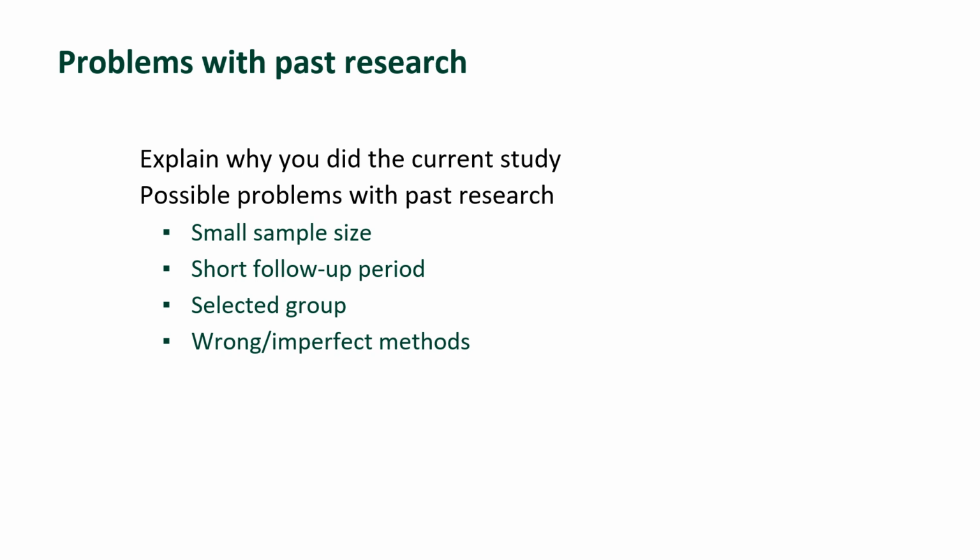So possible problems with the past research could include a small sample size, for example. If someone has done a study already, and that study was based on just 50 individuals, and your study is on 5,000, then there's a clear reason why you are doing this study. You are using a bigger sample size, and the results that you show are also more credible. So you have to say that more clearly.